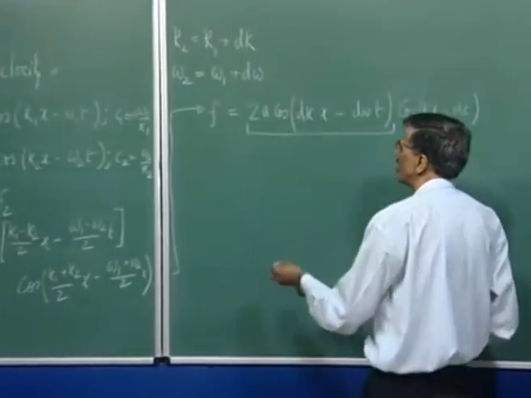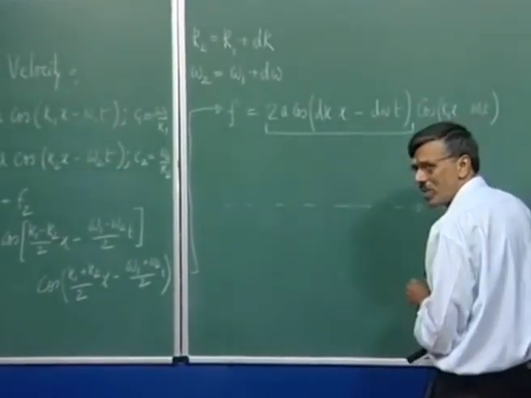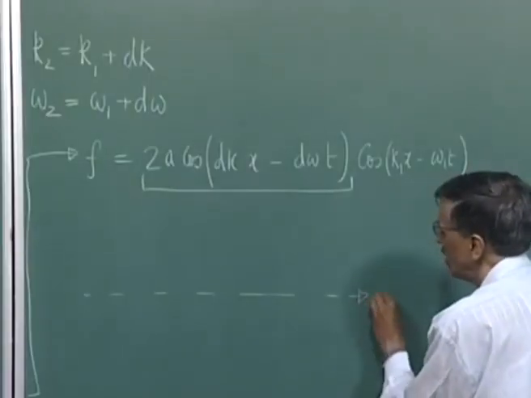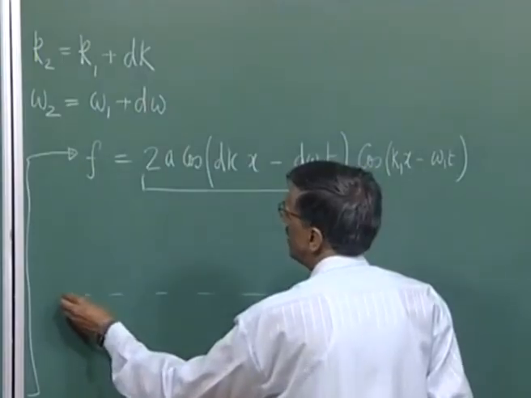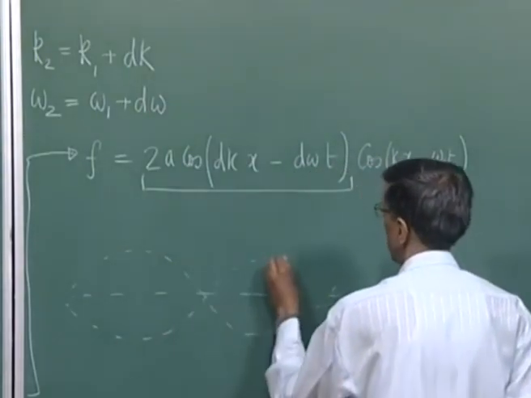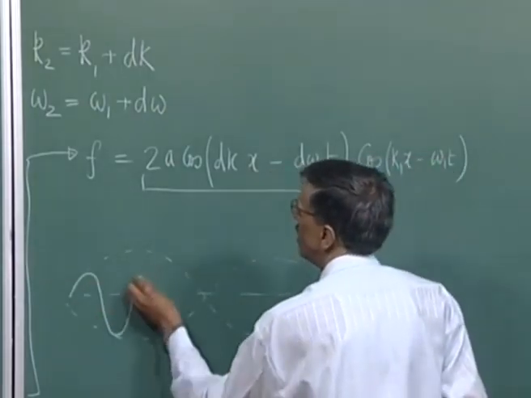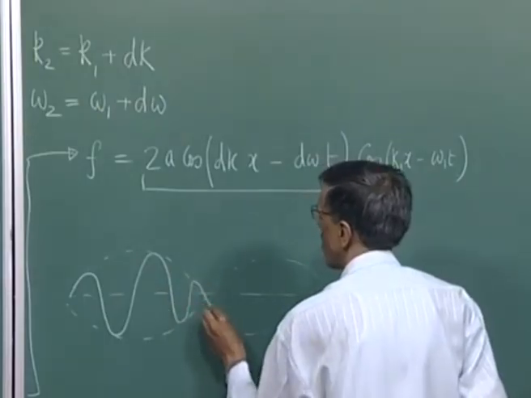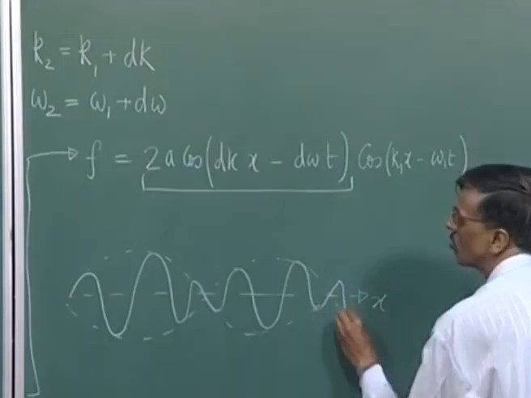This is what you see if you plot it versus x for a fixed time, in a packet like this, and so on and so forth.